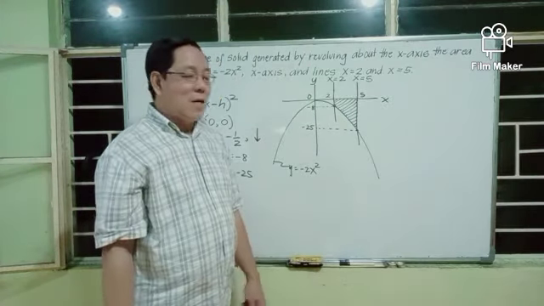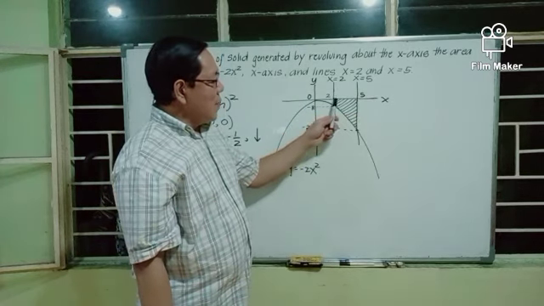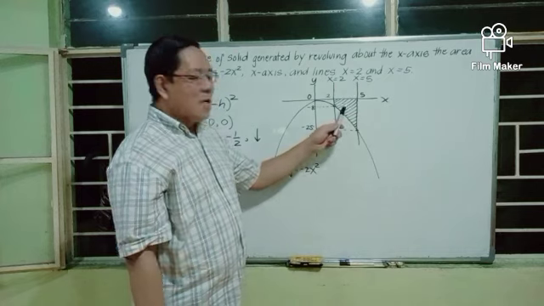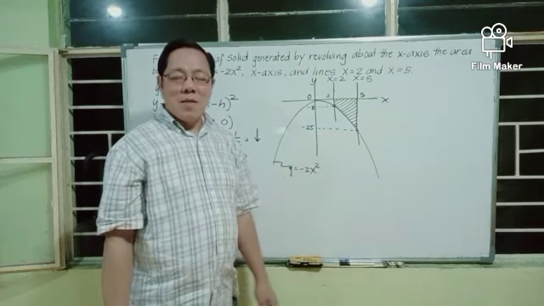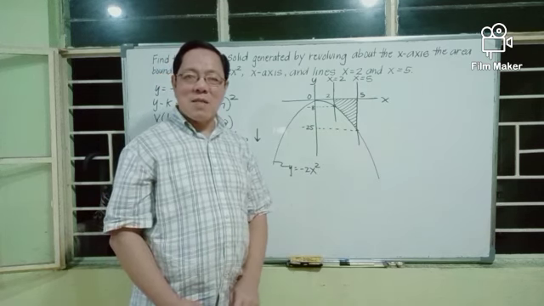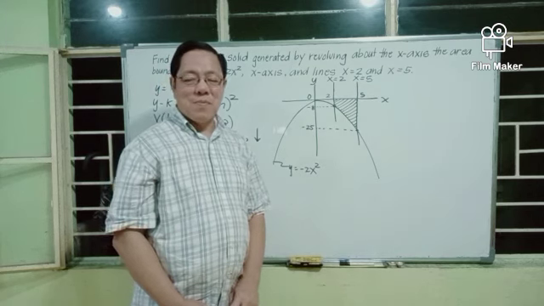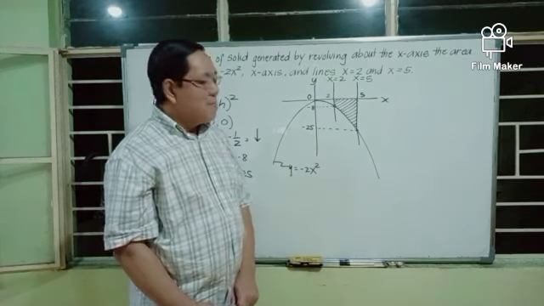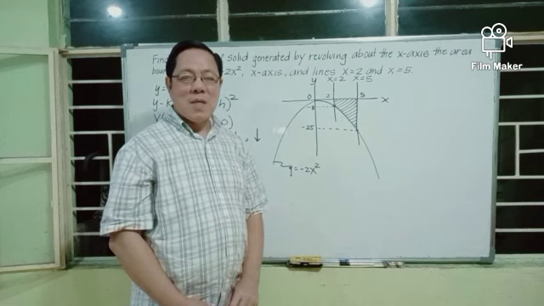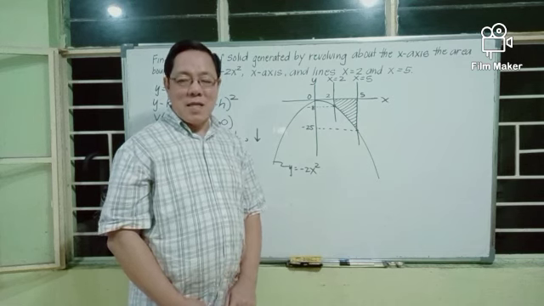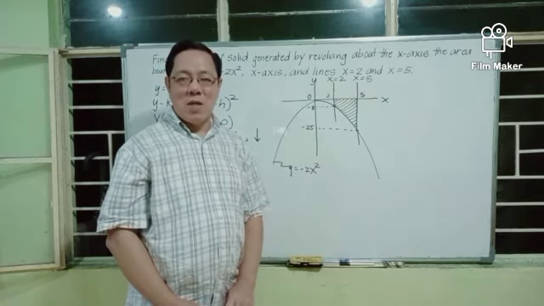And you can see that this part of the x-axis is a boundary of the area that we will revolve. So if your axis of revolution is part of the area that you will revolve about the given axis, you use this method to find the volume of the solid.